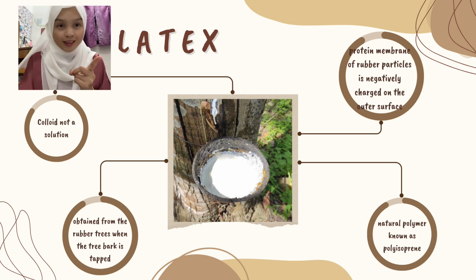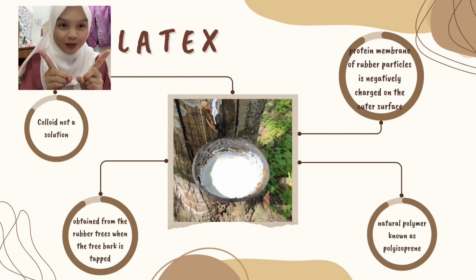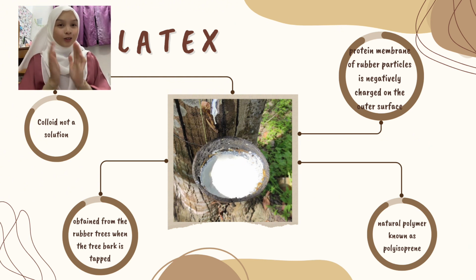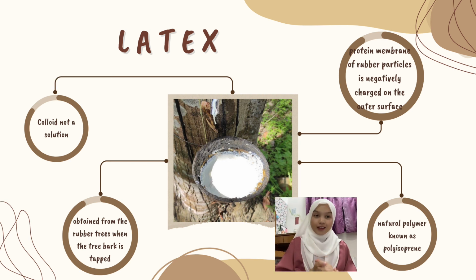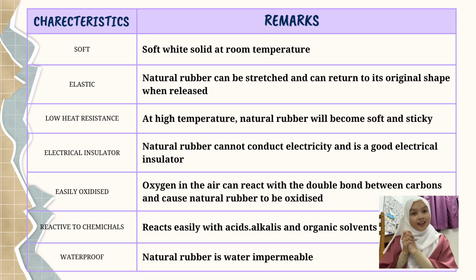But don't you think all of the liquids are solutions? No, latex is a colloid, and the fresh latex that comes off from the rubber tree is a natural polymer known as polyisoprene.